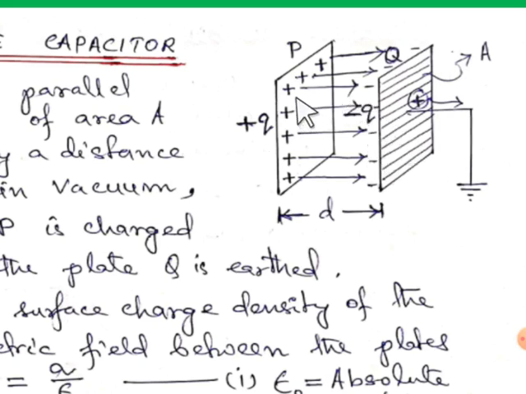So when P is given positive charge plus q, a similar opposite charge minus q will be developed on the nearer side of the conductor Q, and the positive charge developed on the farther side of the plate Q will all go down to the earth. That is what happens in the parallel plate capacitor.